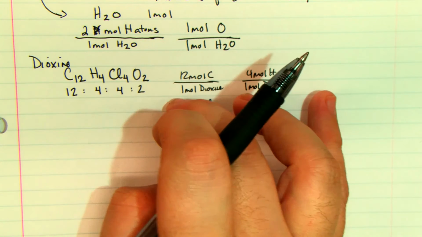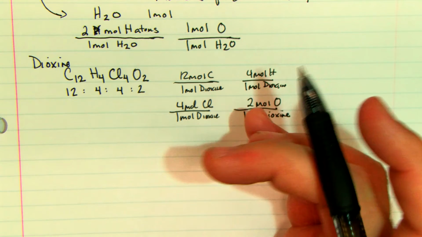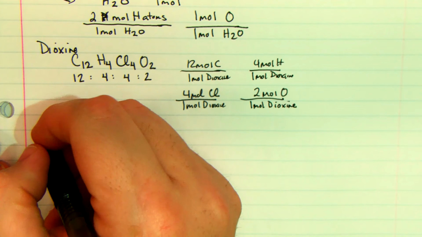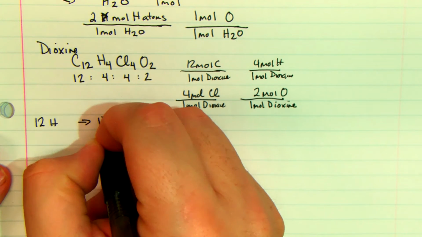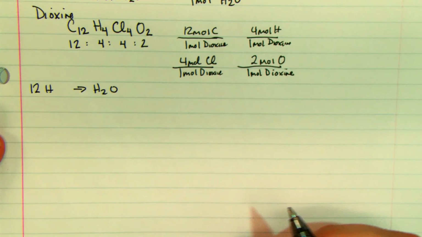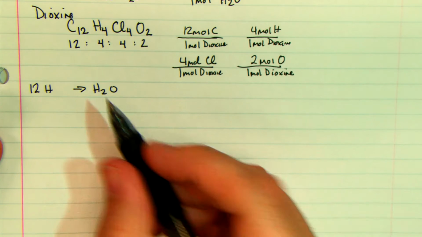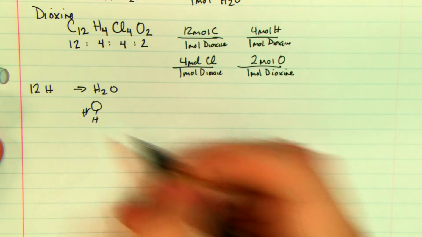No, it's like saying if you have water, if you have 12 hydrogens and you're thinking about water, which is H2O. Well, how many molecules of H2O can I make here? I can make one that has 2. So now I have 10 hydrogens left.